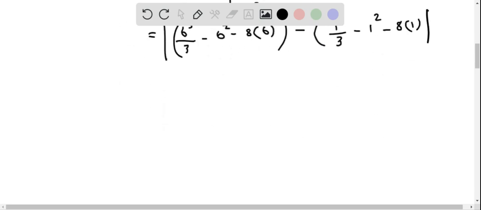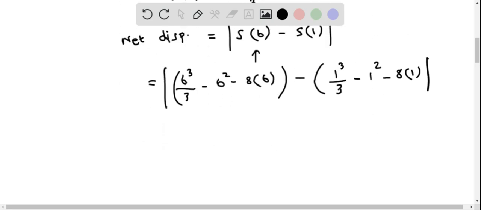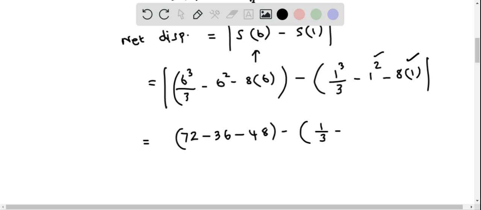Let's simplify and evaluate this. So this equals 6 cubed is 216, and 216 divided by 3 is 72. So this is 72 minus 6 squared is 36, minus 8 times 6 is 48, minus 1 cubed by 3 is 1 over 3, minus 1 and negative 8, that is negative 1, negative 8 is negative 9.